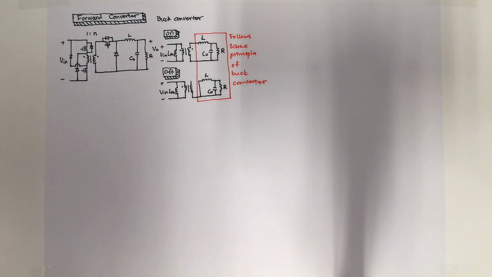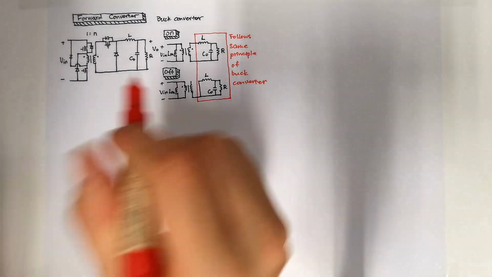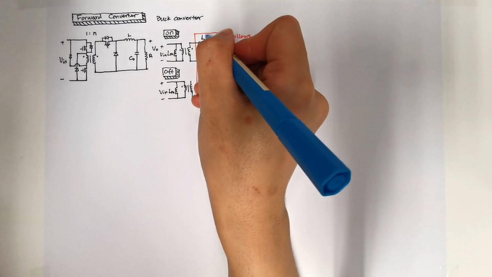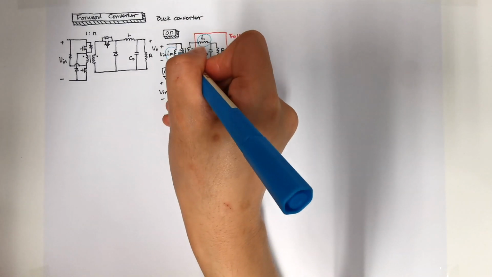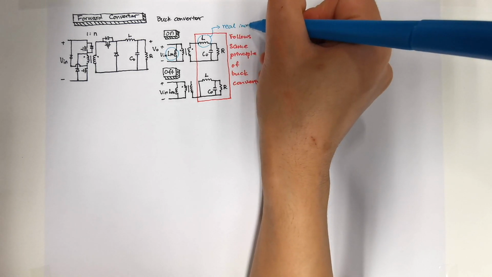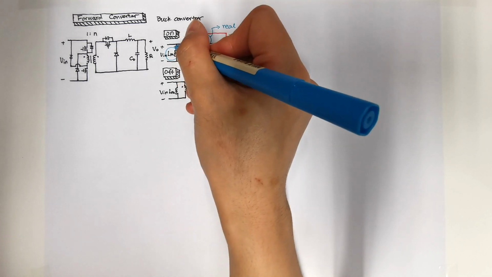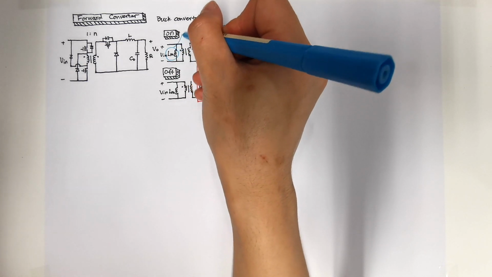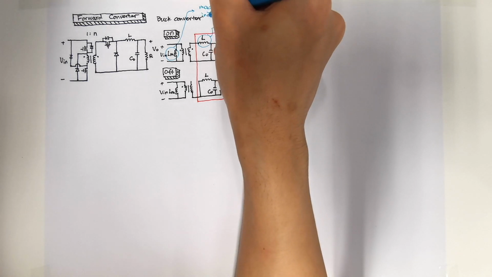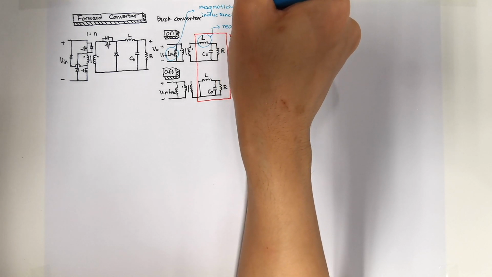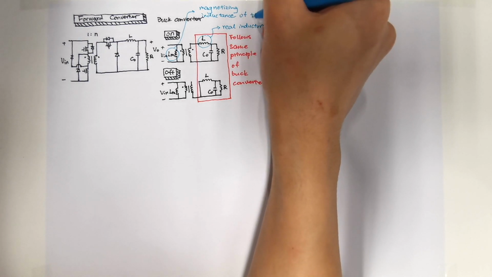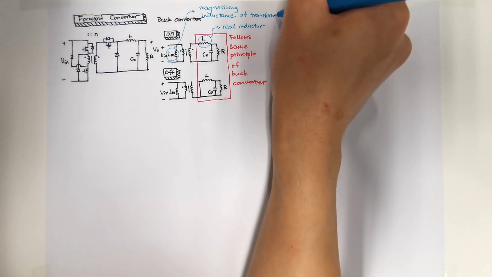The second thing I need to point out is we have two inductors here. This inductor and this inductor. This inductor is a real inductor. But this inductor is actually the magnetizing inductance of the transformer.